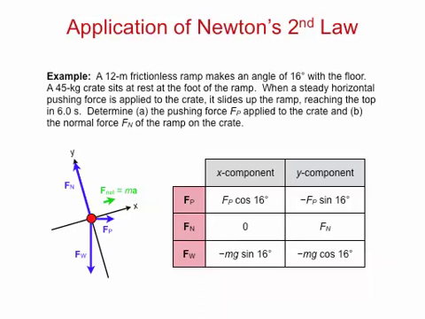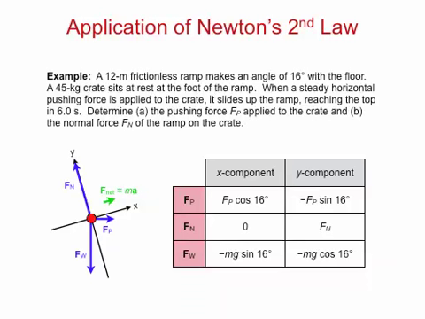The normal force points entirely in the plus y direction. So its x component is 0, and its y component is F_n, the magnitude of the F_n vector. Finally, the x component of the weight vector F_w is opposite to the 16-degree angle.